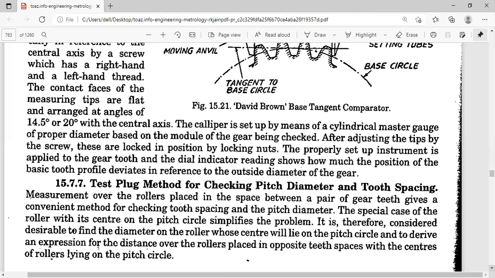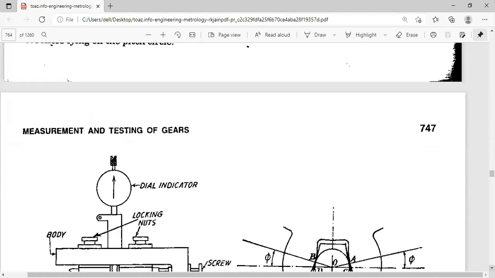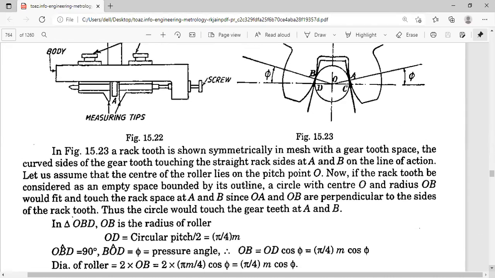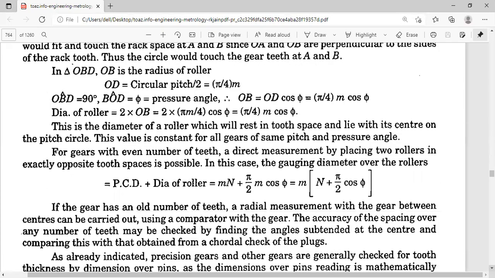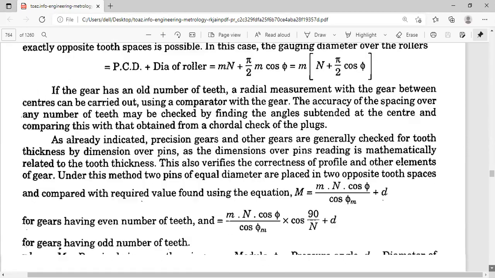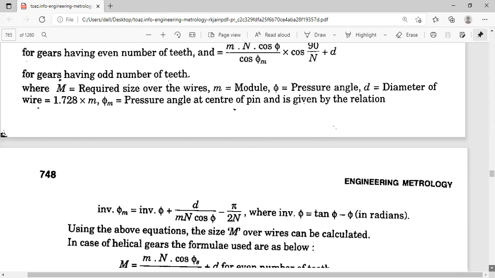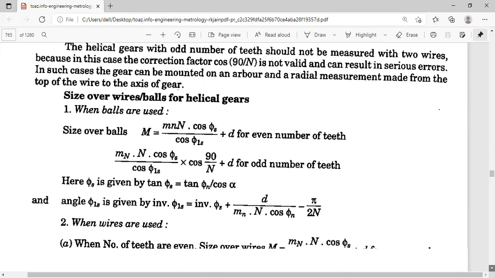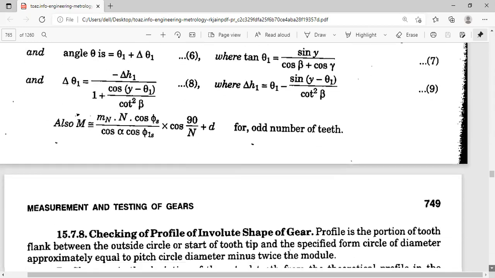Okay, so we'll skip this as of now and go directly to the other method. We'll see what we can use, because this is a PDF of the textbook. What is important and not important, we'll analyze, because we are only going for the spur gear.